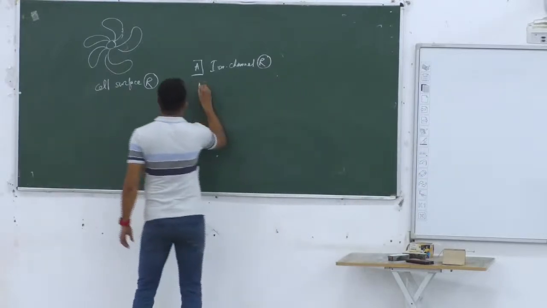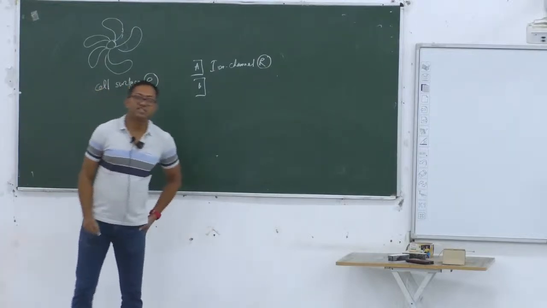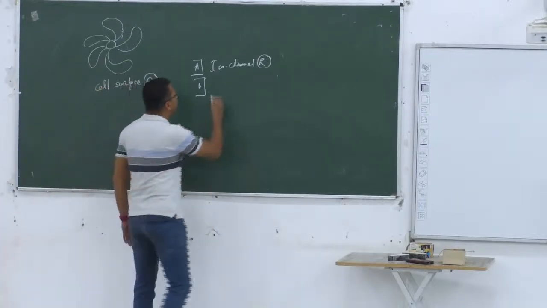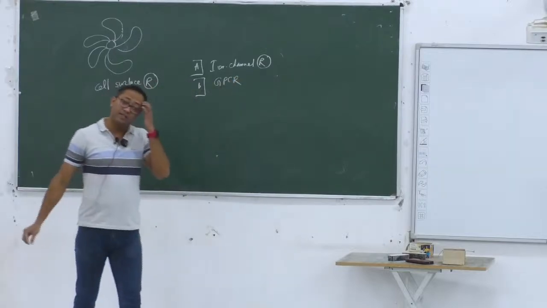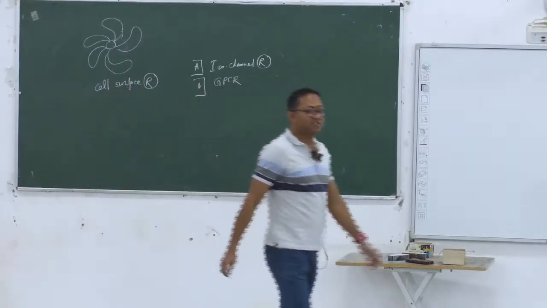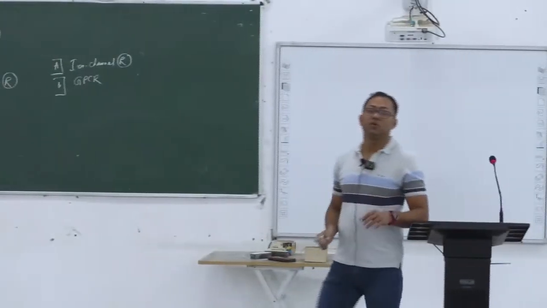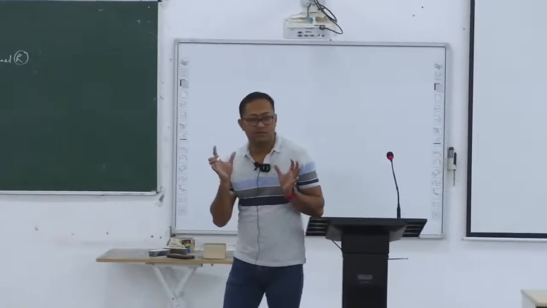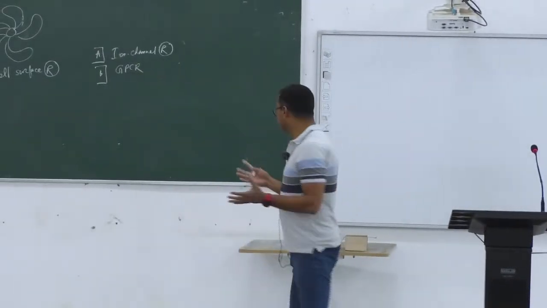Now the second classification, very well known I guess, is the G protein coupled receptor. What is a G protein coupled receptor? It is a receptor which is connected to a heterotrimeric protein called G protein. It has 3 subunits, alpha, beta and gamma. So what is the arrangement?